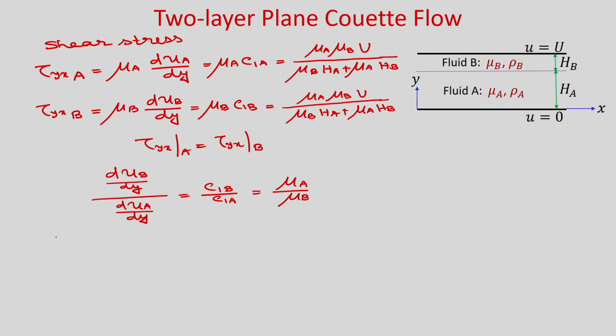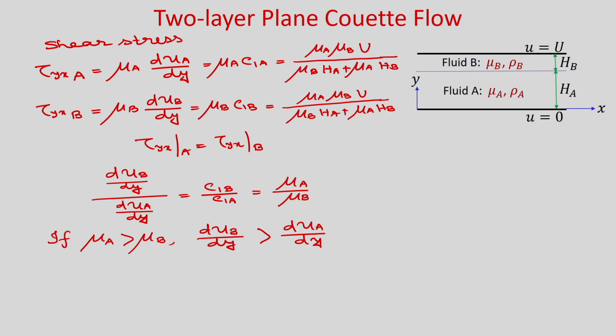So, if you consider that the viscosity in fluid domain A is greater than the viscosity in fluid domain B, what will happen? From this expression you can say that if mu_A is greater than mu_B, then obviously du_B by dy will be greater than du_A by dy.